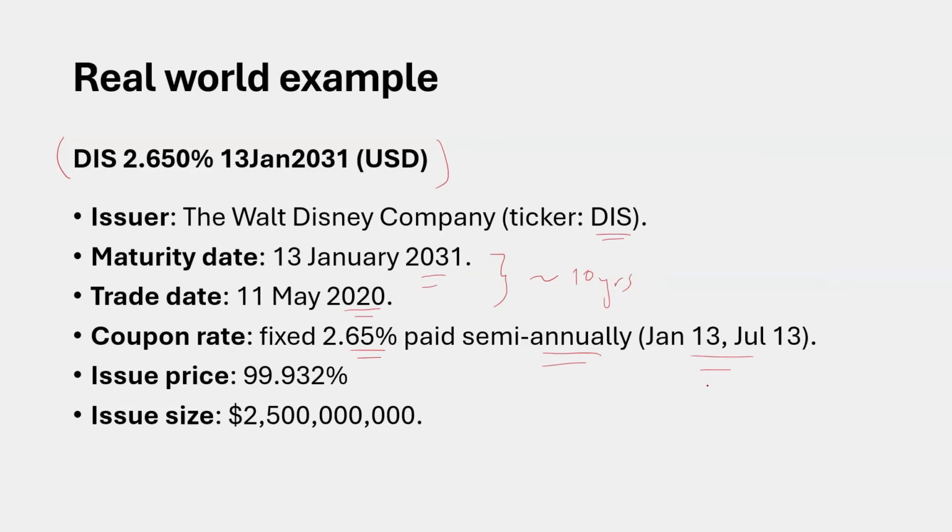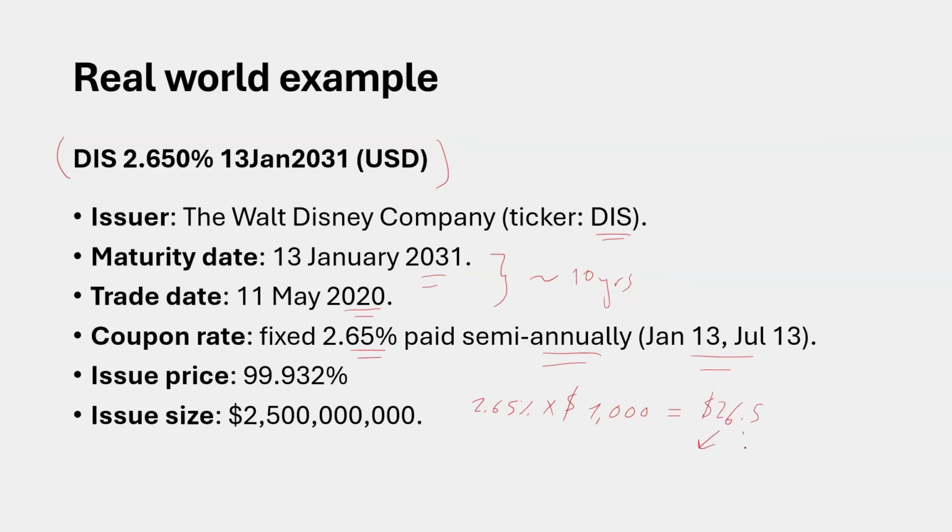So that means that the annual coupon payment is essentially $1,000 times 2.65%, which makes $26.50 over the entire year.